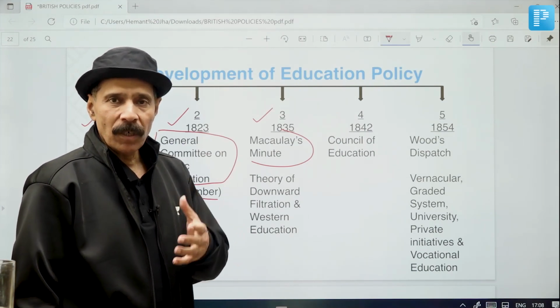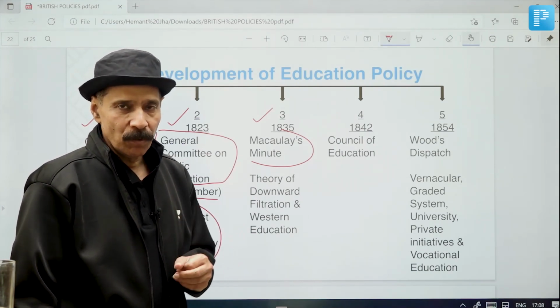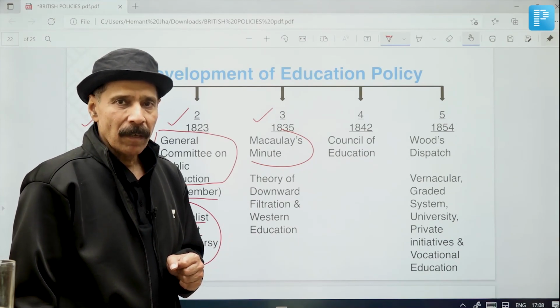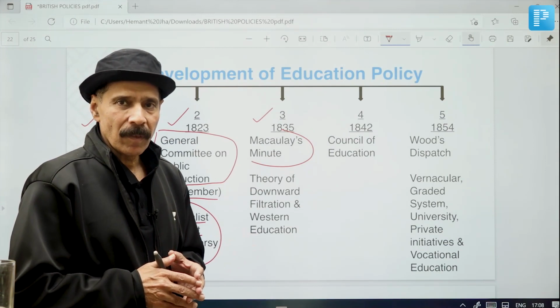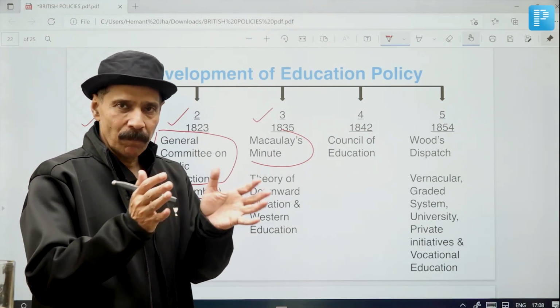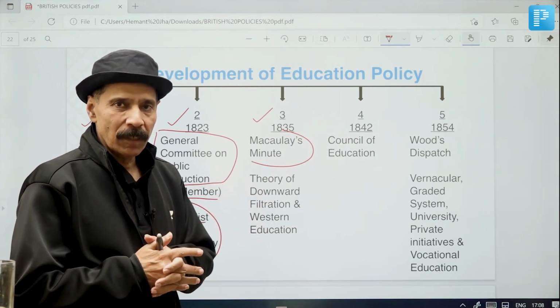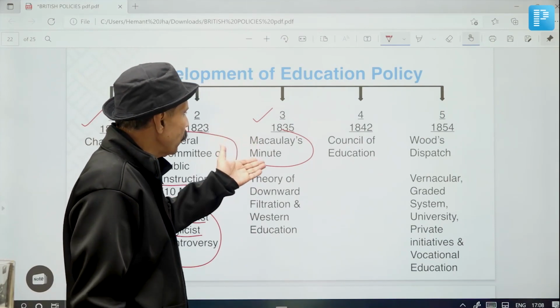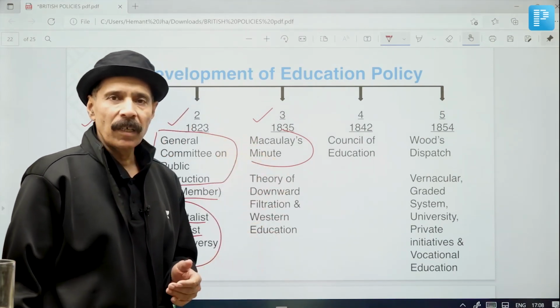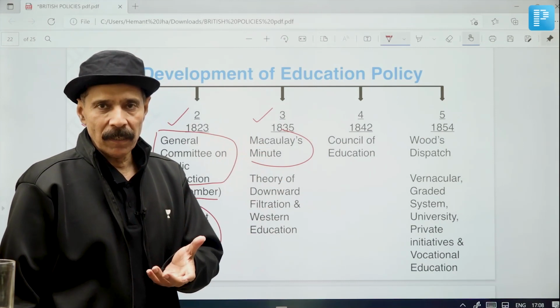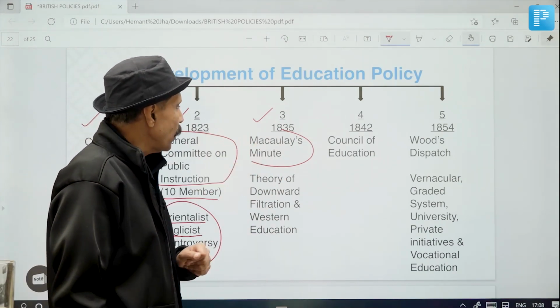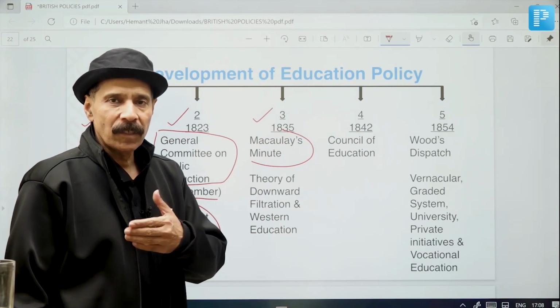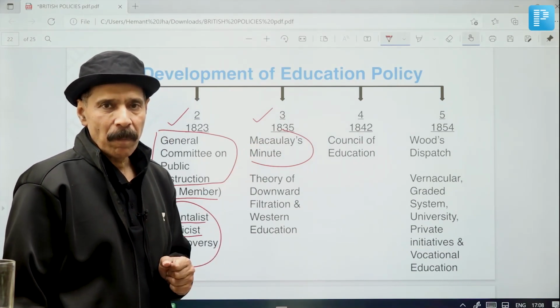So Thomas Macaulay was a great advocate of Western education. His idea was that the Indian learning was useless. He prepared a broad framework of Western education known as Macaulay's Minute, and this was approved by William Bentinck, the Governor General, in 1835, and thus began the Western education system in India.